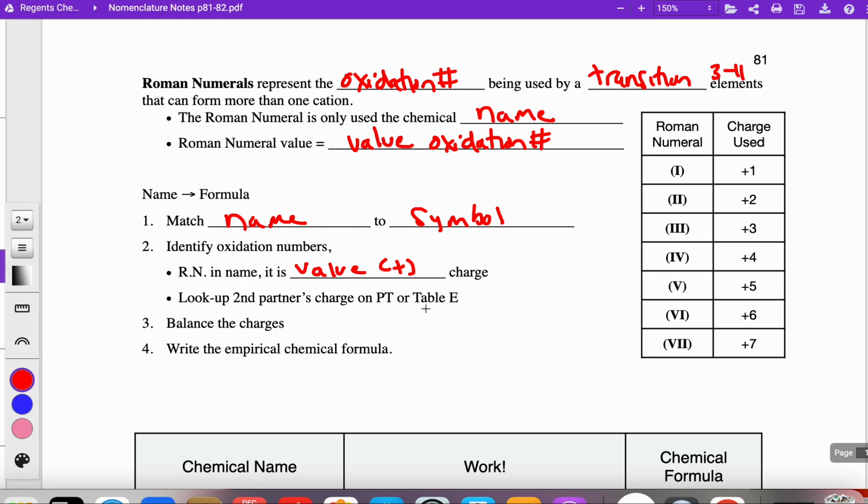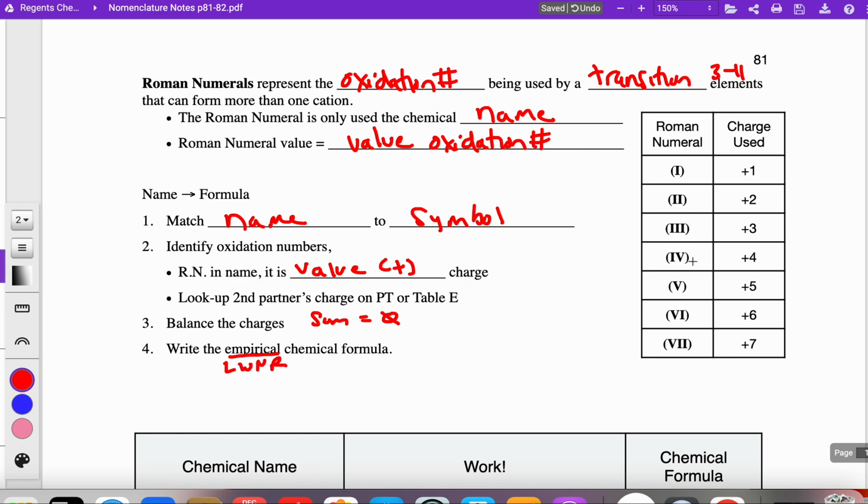If it's a polyatomic ion, look at table E. Once we have the oxidation numbers, balance those charges. Remember, the sum must equal 0. Once we have the ratio, write the empirical formula. And remember, the empirical is the lowest whole number ratio.